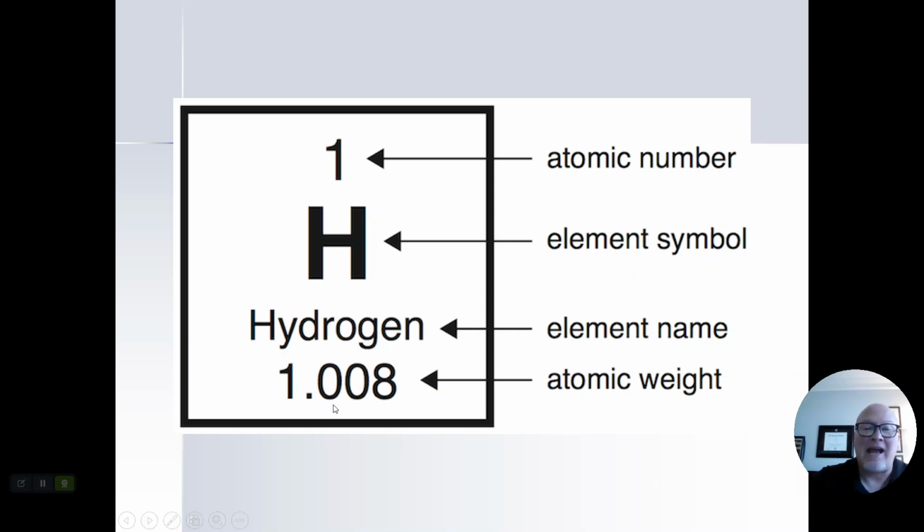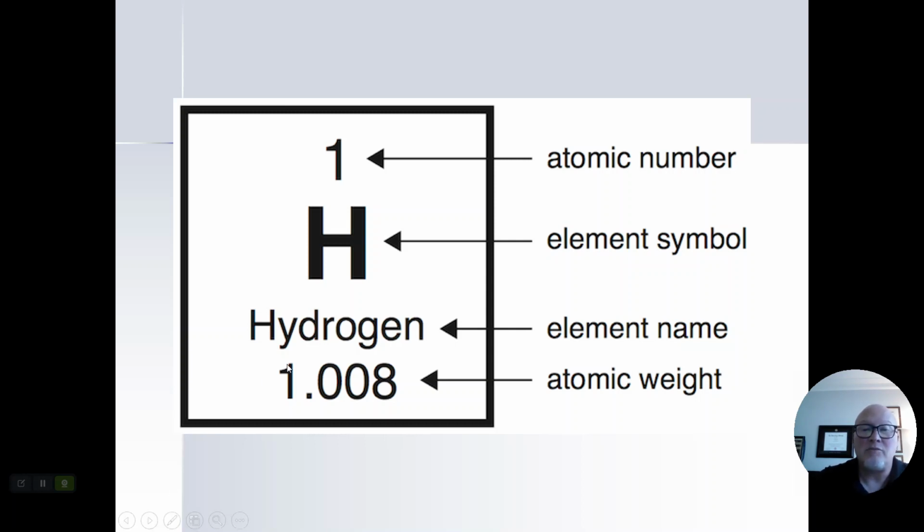The atomic mass down here is 1.008. That tells me that the average mass of the nucleus of this atom is 1.008, which means that in a typical atom of hydrogen, I've got one thing in the nucleus, and since it has to be a proton, I don't have any neutrons.